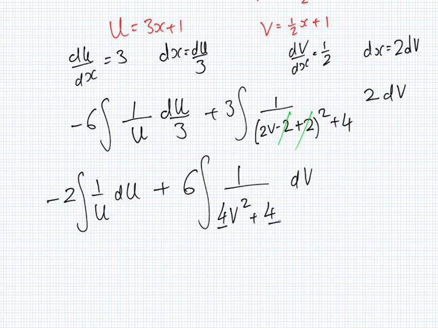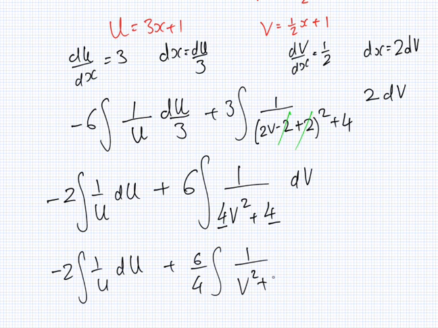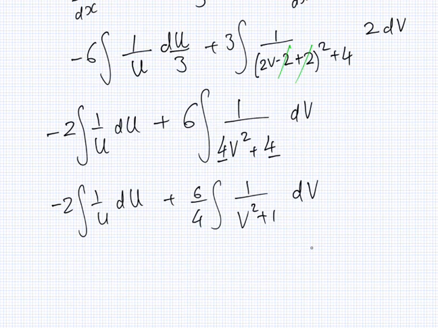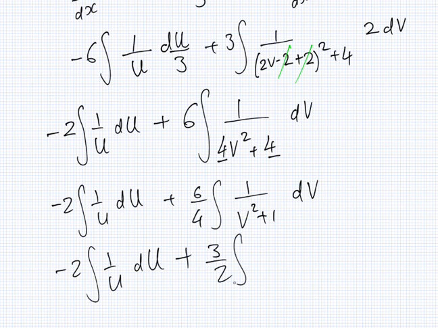This 4 and this 4, I can take it out. Minus 2, 1 over u du, plus 6 over 4, 1 over v squared plus 1 dv. Minus 2, 1 over u du, plus 3 over 2, 1 over v squared plus 1 dv.